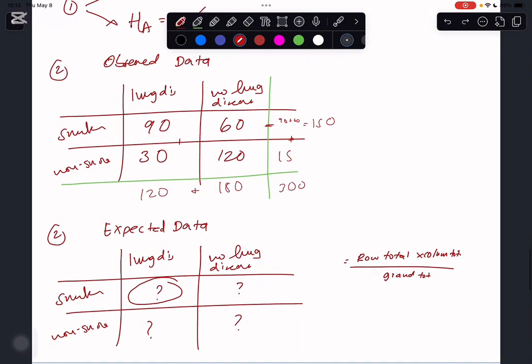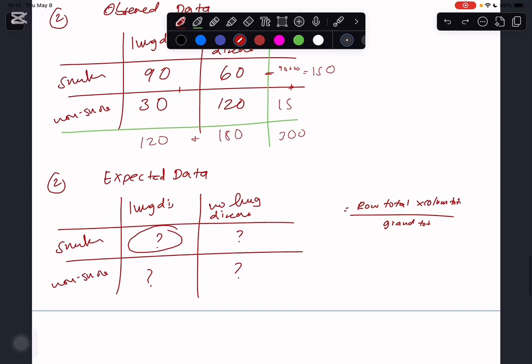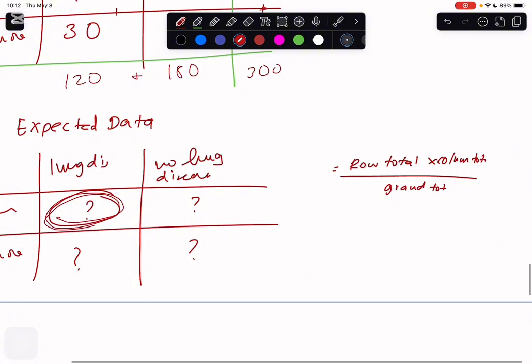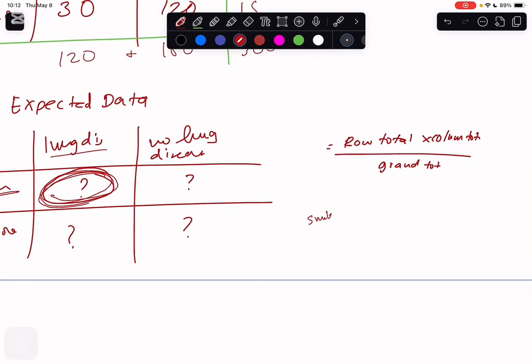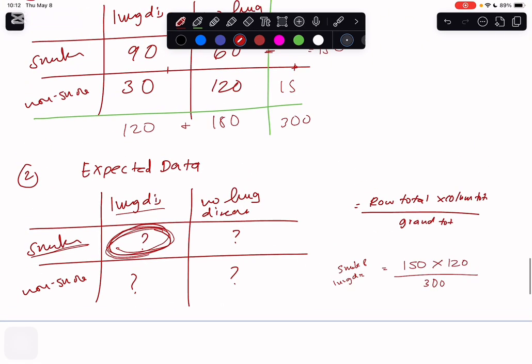Okay. Now I've got you the values of the rows and columns. I'll get the value for this one. How do I get it? I'll do it for the first spot, which is smokers and lung disease. So for smokers and lung disease it will be 150 times 120 over 300, the grand total, meaning the whole sample, or the number of adults in this study.